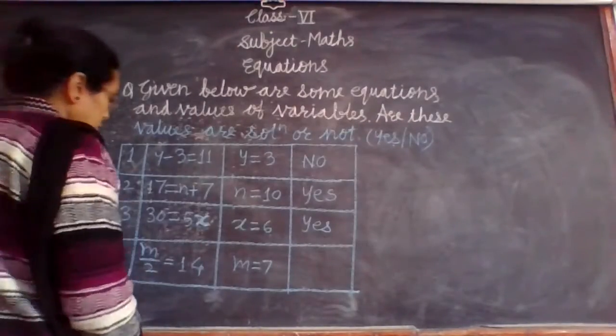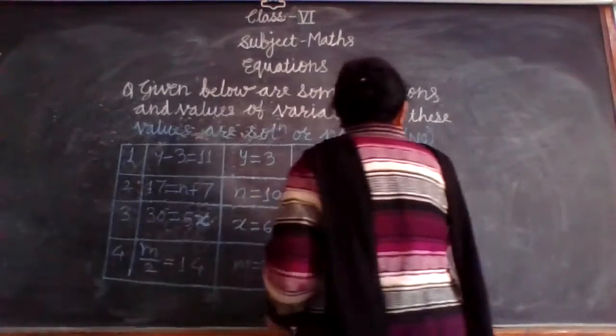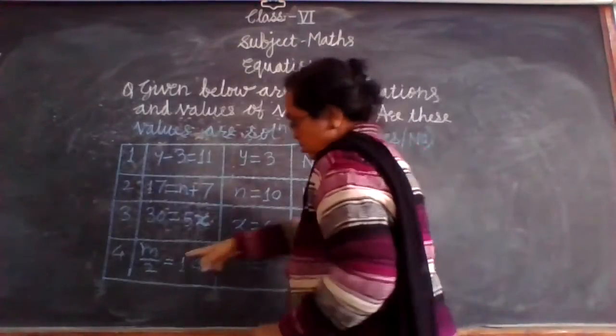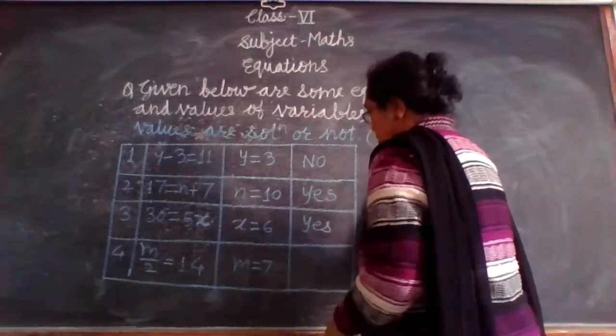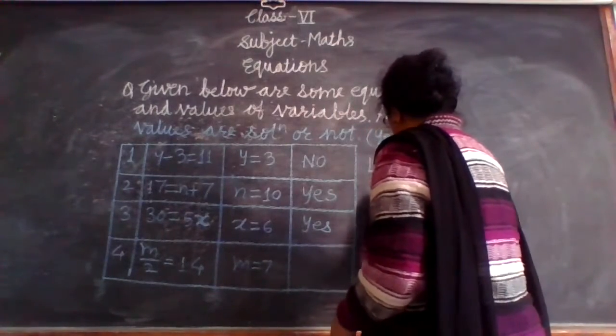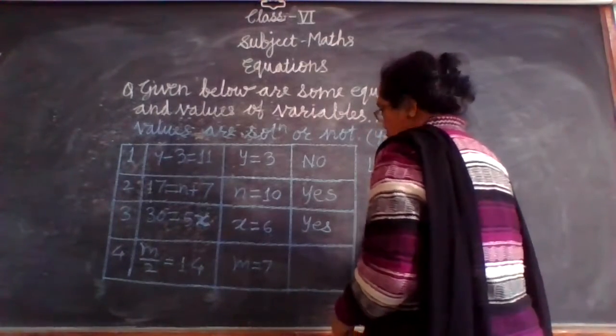So instead of m in m by 2, I will write 7 upon 2.